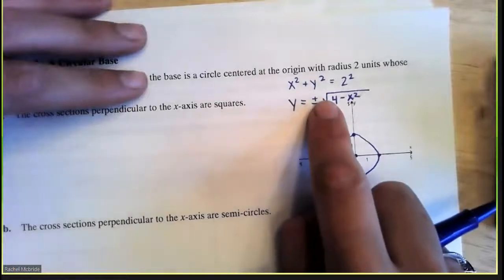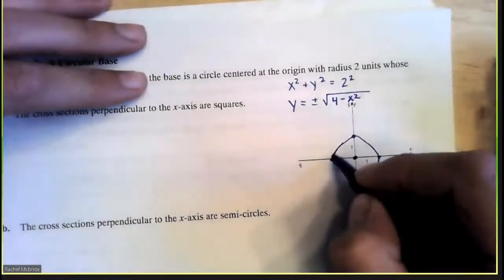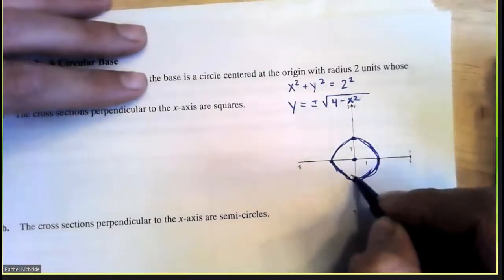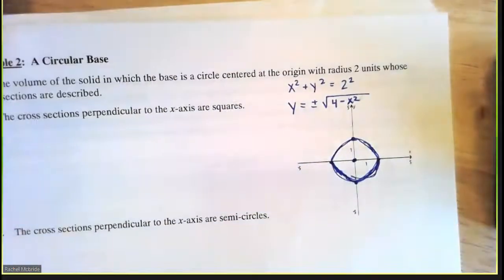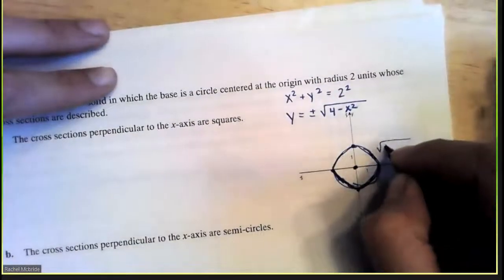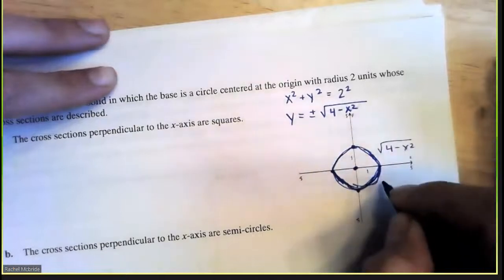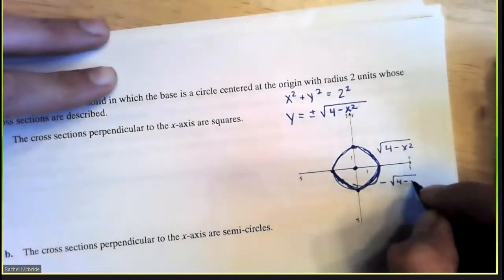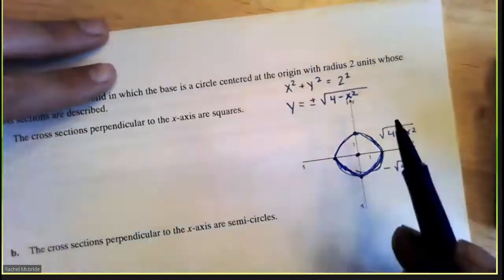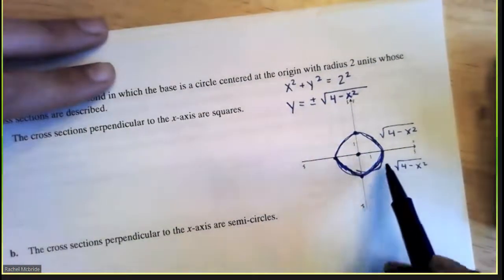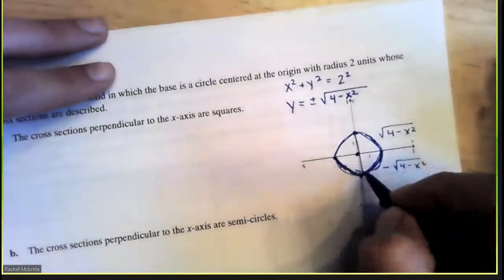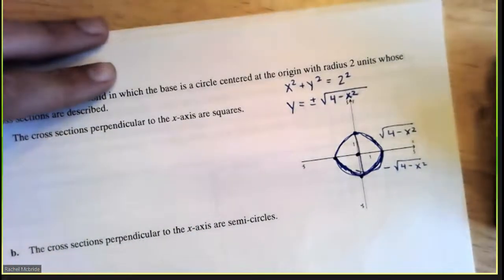When you take the square root, you need the plus or minus because the positive would represent the top half and the minus would represent the bottom half. So this right here is the positive square root and this right here is the negative square root. The reason I care about that is because you have to know which one's top and which one's bottom when you find the base of a cross section.